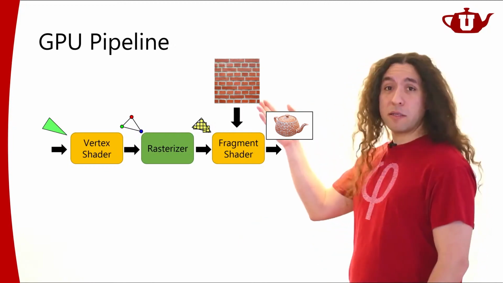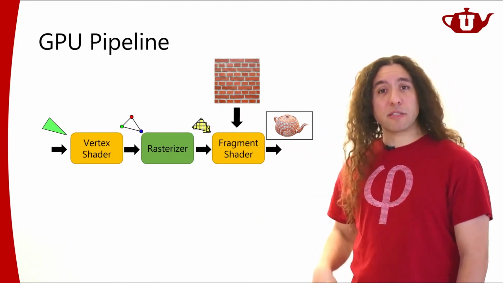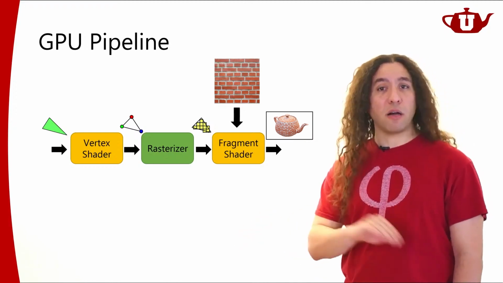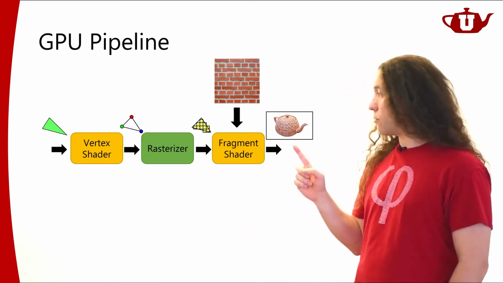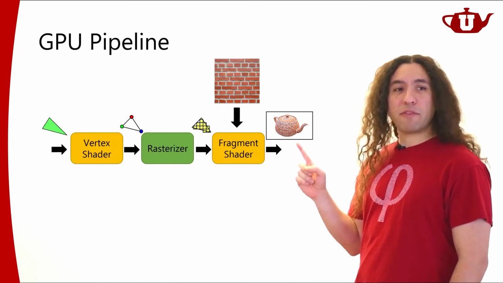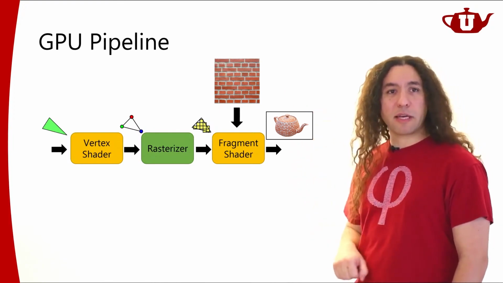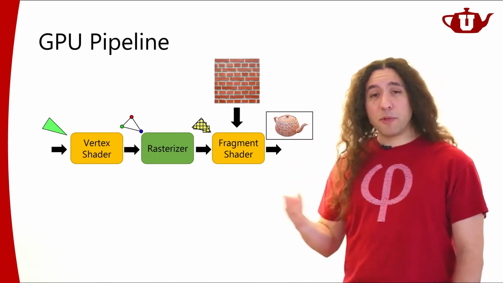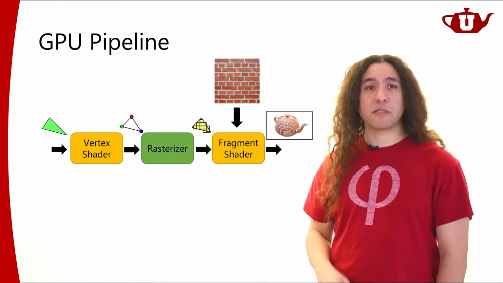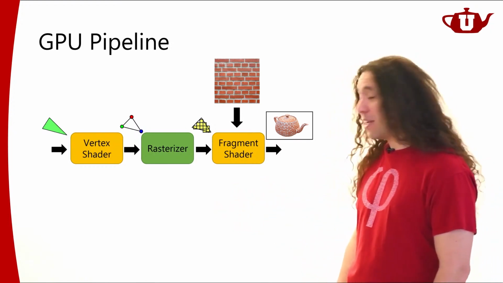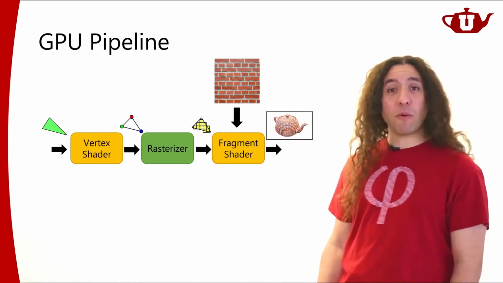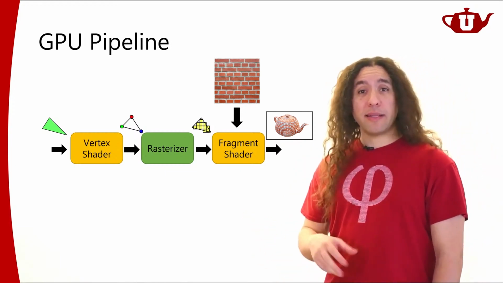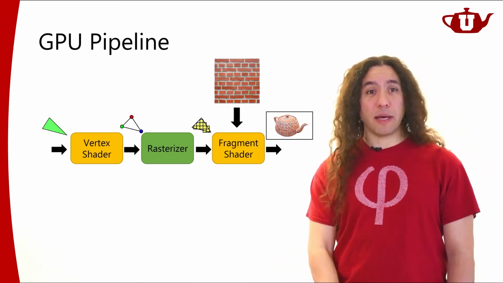That diffuse color may be defined by a texture such that it changes on the surface. This is exactly what's happening here. I have a diffuse color that's defined by this texture. The GPU will help us use these textures quite a bit, and I'm going to talk today about what happens under the hood. Next time we're going to talk about how to set it up.